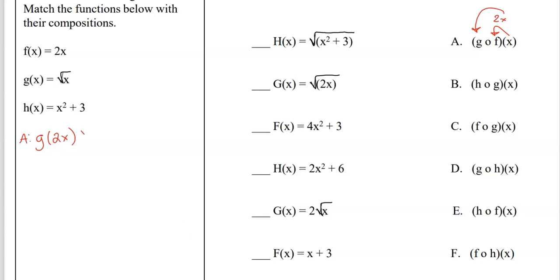So g was the square root of x, but now it's going to be the square root of 2x. Can I do anything else? No. Is that on my list somewhere? Yeah, it's my second one. Boom. So those match up.